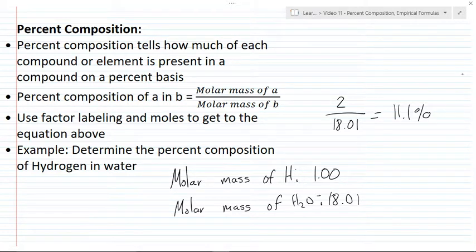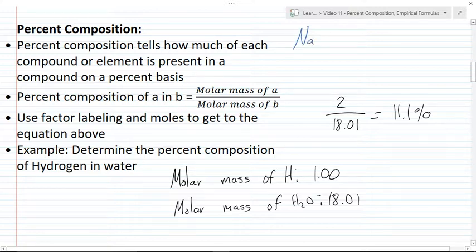We first started talking about percent composition. And then I said that percent composition of A in B is the molar mass of A over the molar mass of B, where A is some element, usually an element, but it can also be a polyatomic ion.